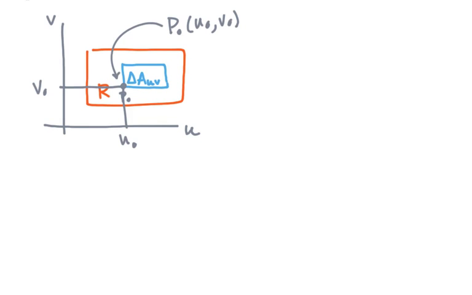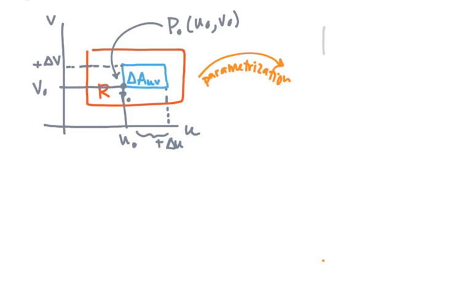And then essentially the idea is we've got some other distance that is plus some delta U, or vertically we would have some distance which might be plus some delta V. So those are creating some bounds on that small area. And the idea is we're going to apply this parameterization and map this area onto a surface.